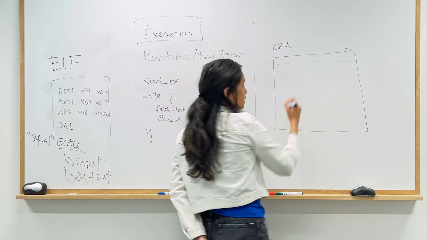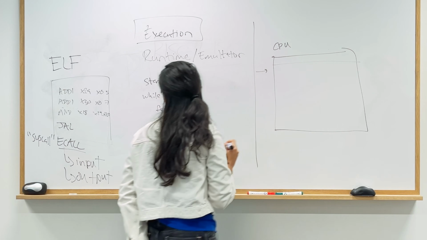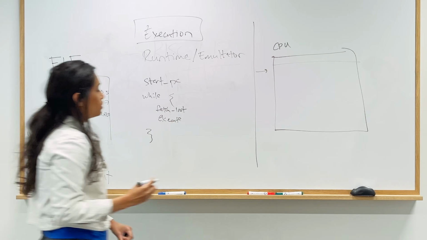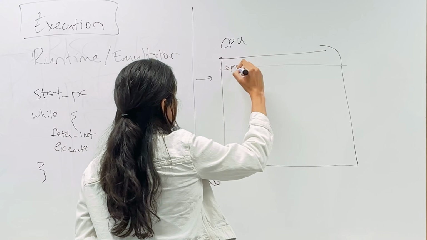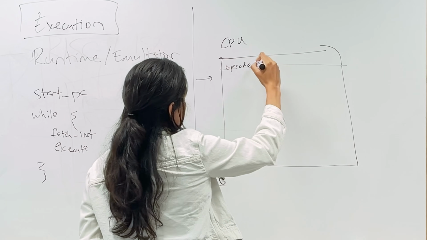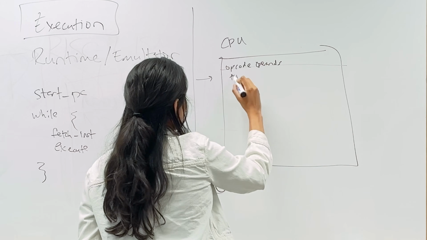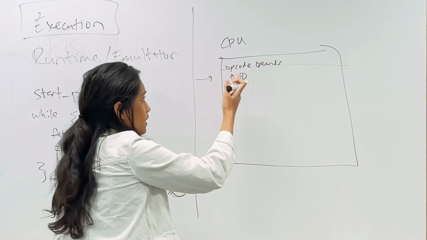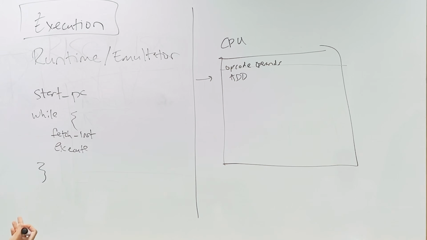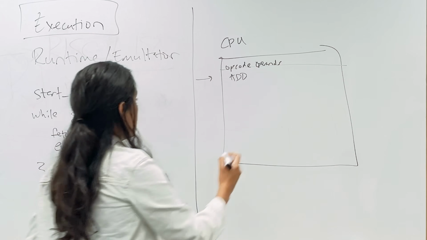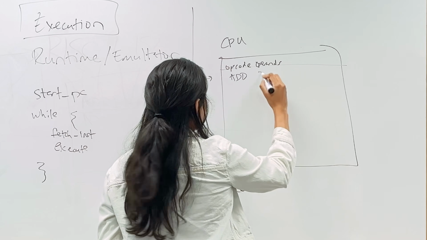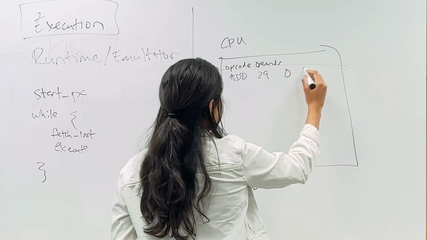Here, for example, let's do the add instruction. You'd have the opcode, which is add. Obviously, this is replaced with a number, a constant that corresponds to add. You'd have the operands. In this case, it'd be 29, 0, and 5.